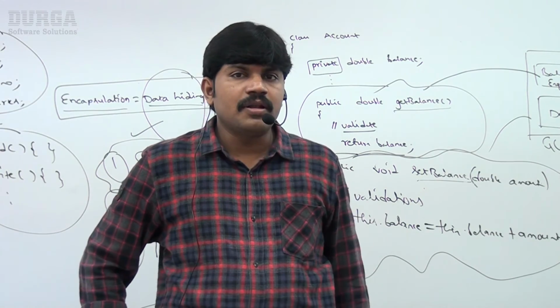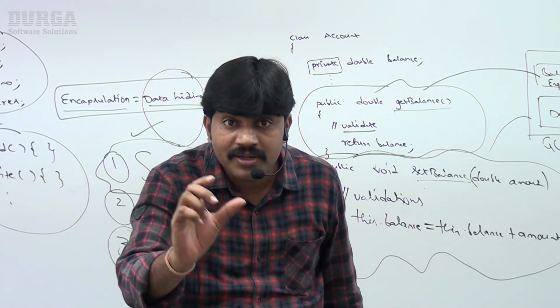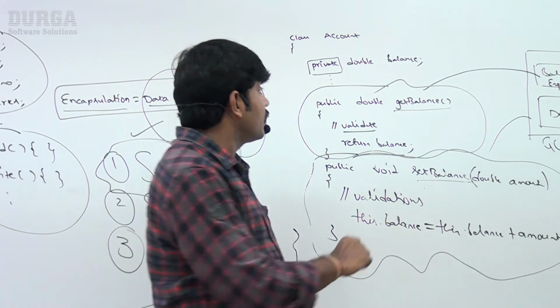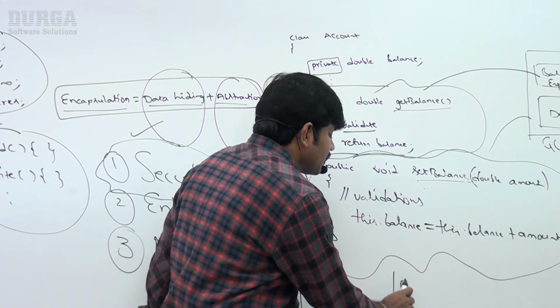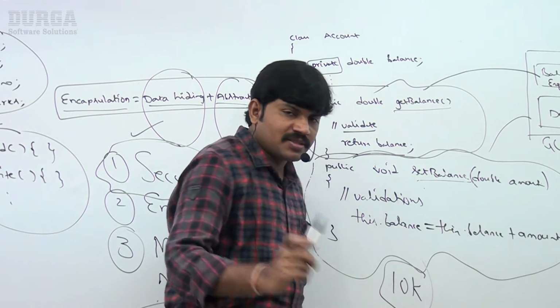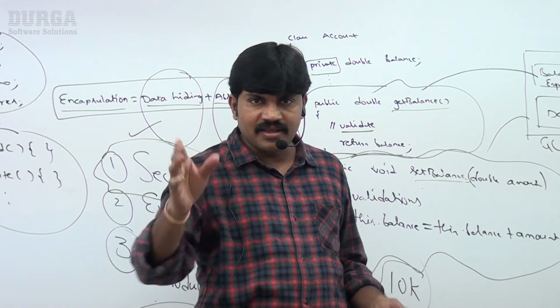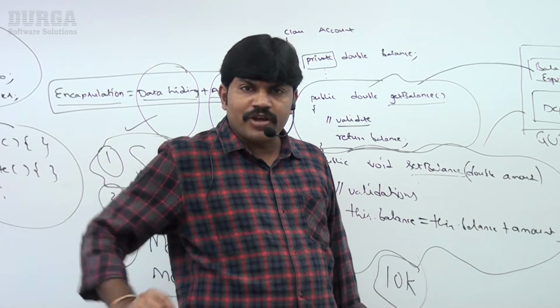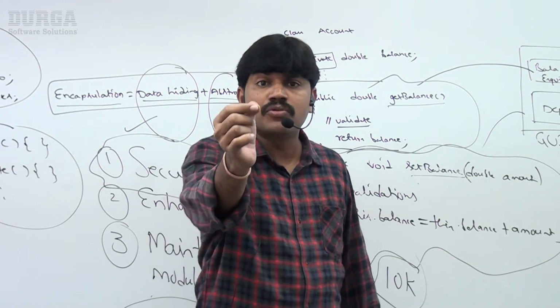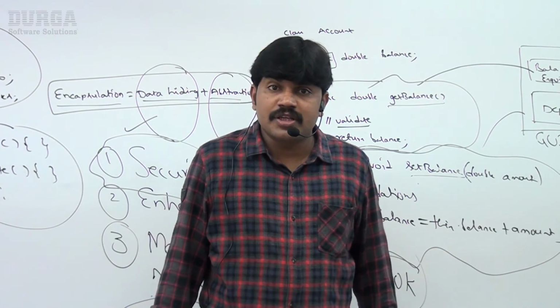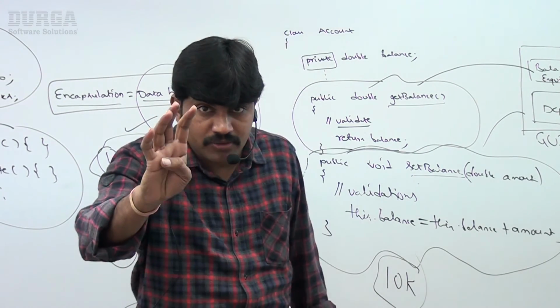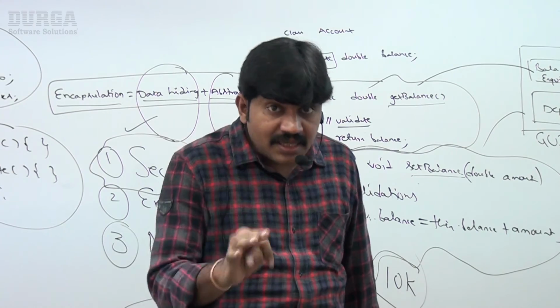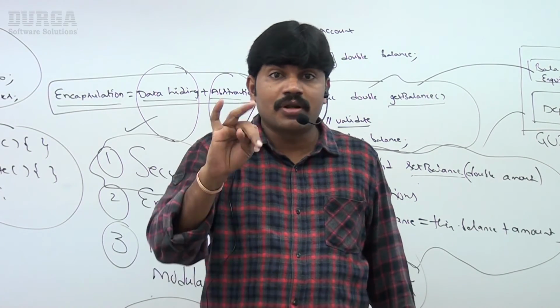Sir, best example, I want to perform fund transfer of 10,000 rupees to my friend's account. Assume that, sir, 10,000 rupees funds transfer I want to perform. In ICICI bank, to perform funds transfer of 10,000 rupees, how many activities do you have to do? You have to provide your username, password. Next, after that, OTP you are going to get.